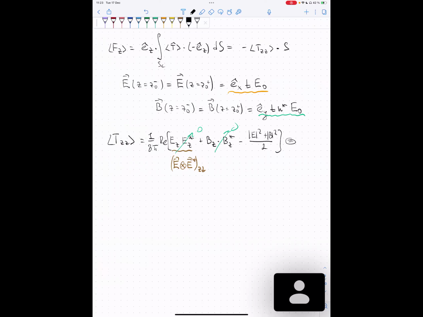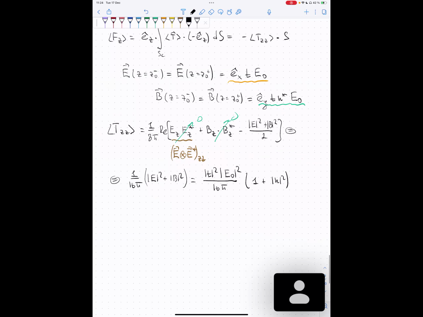And in the end, we have something like 1 divided by 16 pi, modulus of E squared plus modulus of B squared, or modulus of T squared, modulus of E0 squared divided by 16 pi, multiplied by 1 plus modulus of n squared.